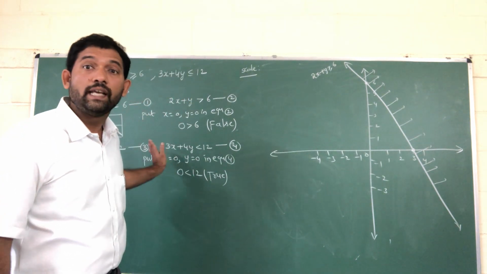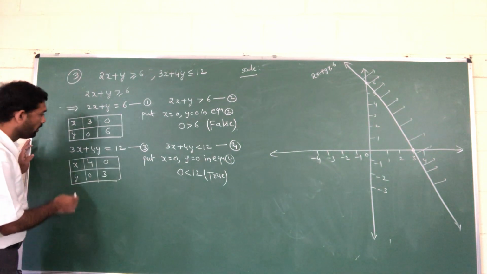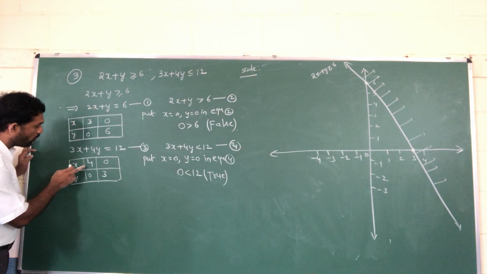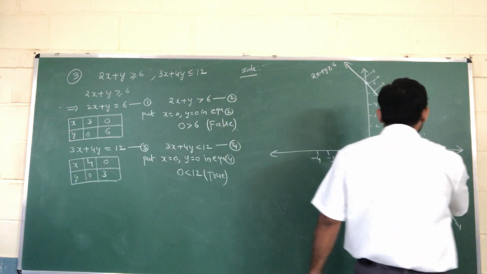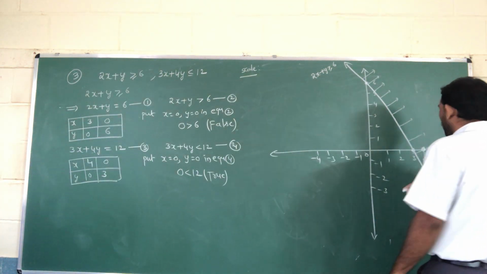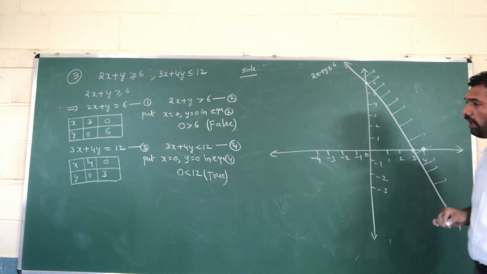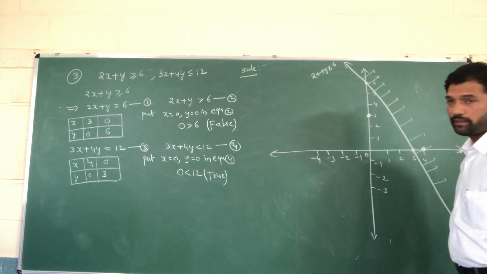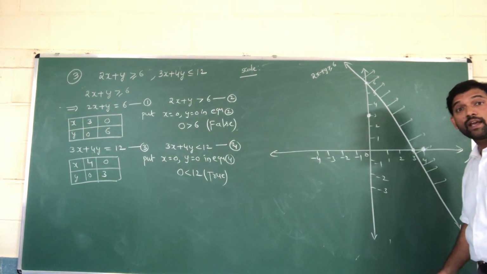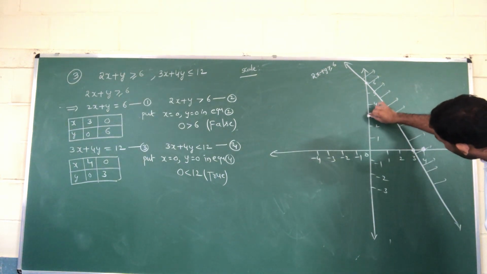So we'll go for equation 3 and equation 4. What is equation number 3? x is equal to 4, y is equal to 0, so you have to take this point here. Next, x equal to 0, y is equal to 3, you have to take here. Join with a dark line or dotted line. Equal is there, so you take a dark line.